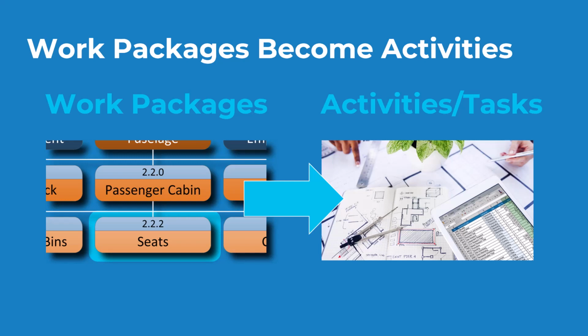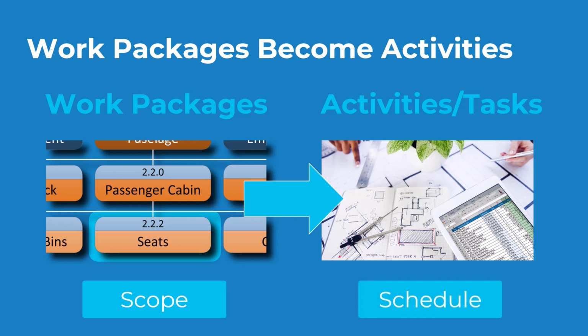So, to summarize, on the left, we create work packages while we plan and develop the scope of our project. And then on the right, we break these work packages down into activities and tasks when we plan and develop our schedule.